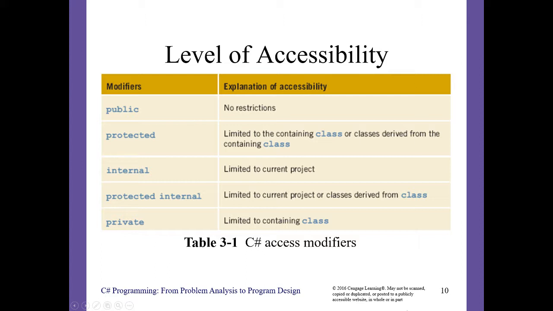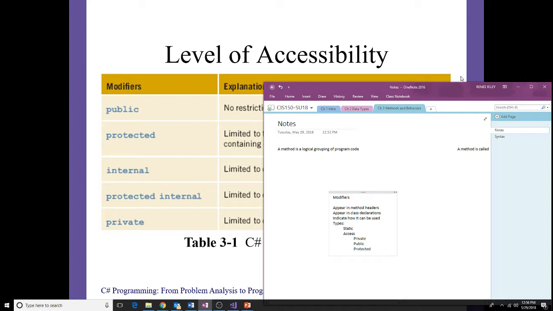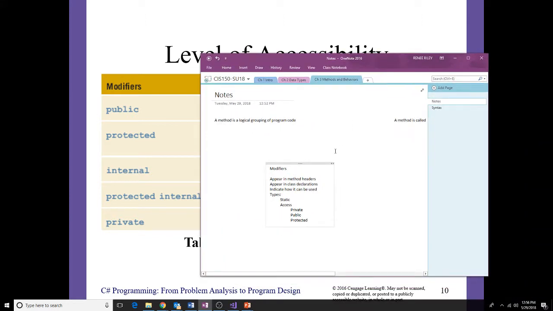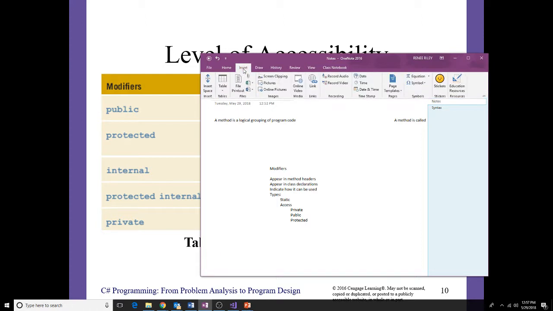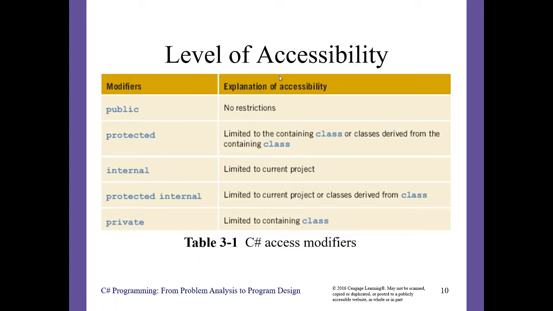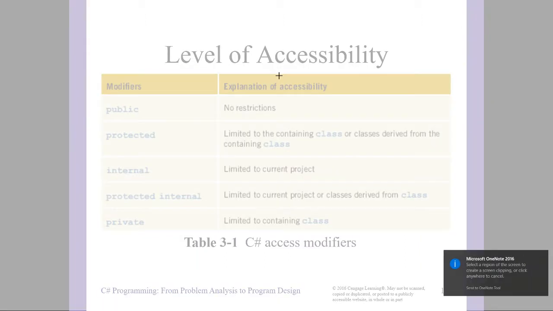Now, this is a great opportunity to show you how to grab a screenshot into your OneNote notebook. I have my modifiers information here on OneNote, but if I wanted to insert this graphic from the presentation, I could use the Insert menu, and I could say I want to insert a screen clipping, and then it'll tell me to grab the part of the screen that I want.